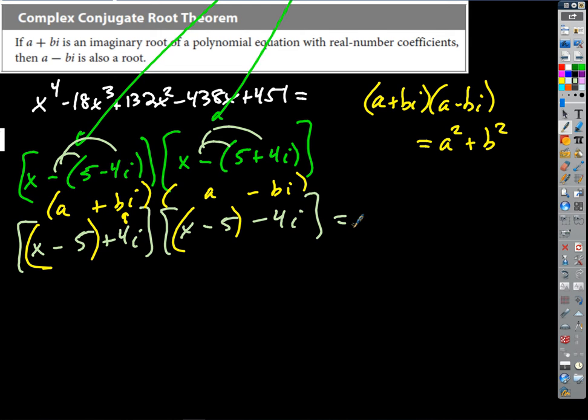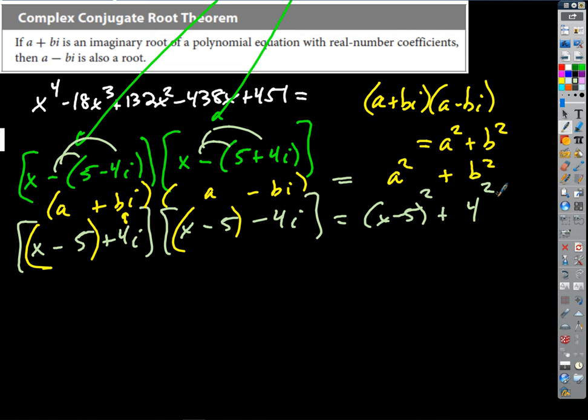My complex conjugate. By that property, I know that a plus bi times a minus bi is a squared plus b squared. Well, a is x minus 5, b is 4, right? So that's pretty easy now.